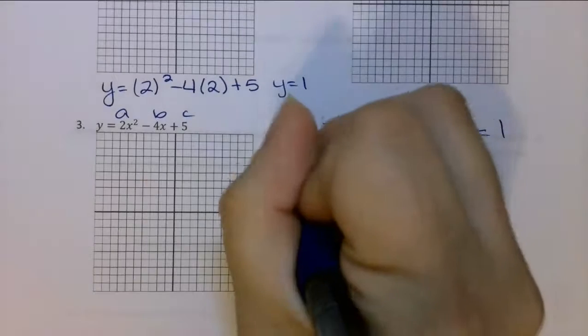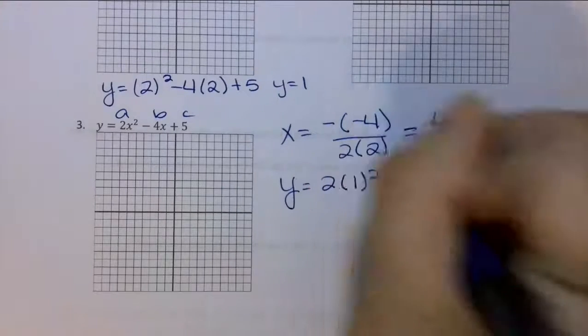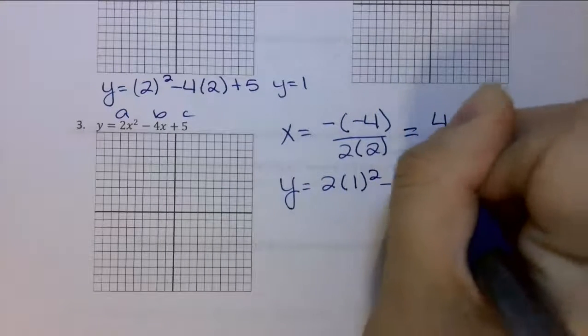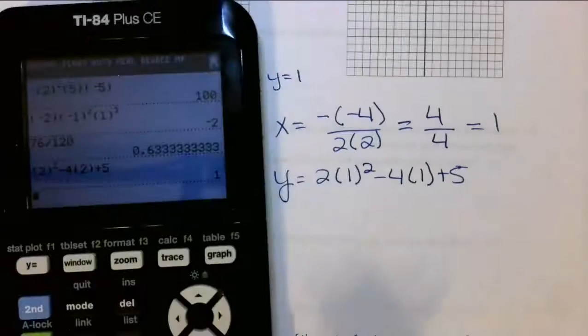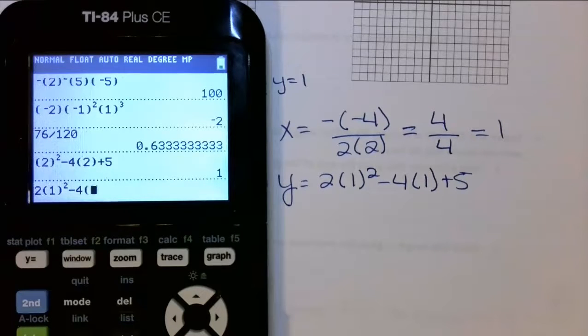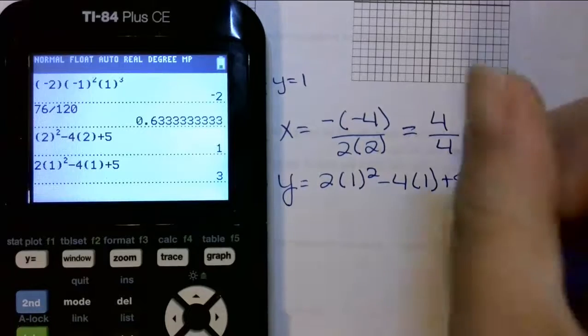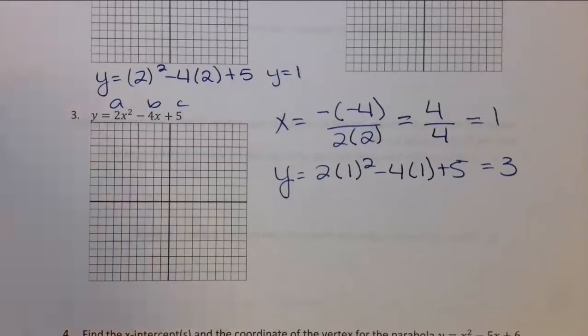Then I want to go ahead and plug in that 1 for x to get my y value of the vertex, which is 3. So my vertex here is 1, 3.